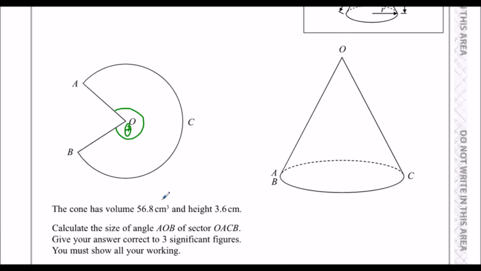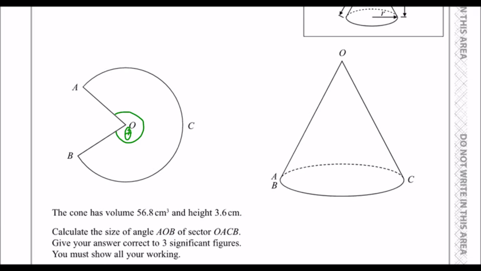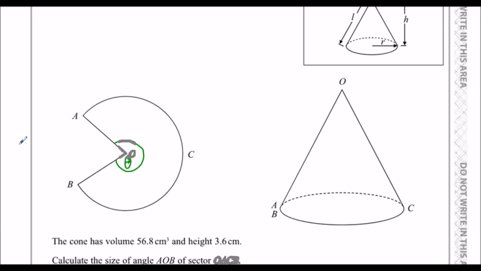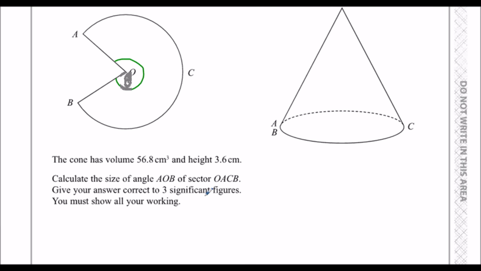So we're going to start with the volume of a cone to find the radius of the cone, and then we'll use that to find the surface area of the cone, and then that will become the area of the sector, which we can use to find the angle. So one step at a time, let's deal with the volume of a cone.